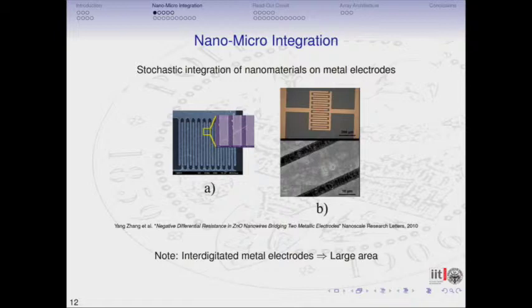So to increase that probability, you have to increase the number of nanomaterials or the area of your interdigitated electrodes.